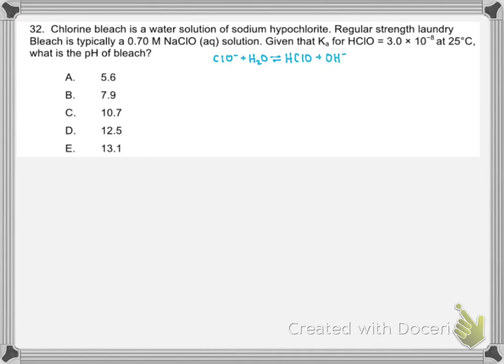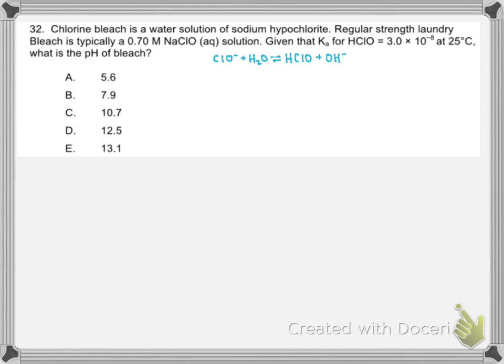Sodium hypochlorite would dissociate into Na+, which does not affect the pH of a solution, and ClO-, which is the conjugate base of the weak acid that we're given. Since it's the conjugate base of a weak acid, it must be a weak base. Therefore, it's going to do what all weak bases do in an aqueous solution, and it's going to hydrolyze water.